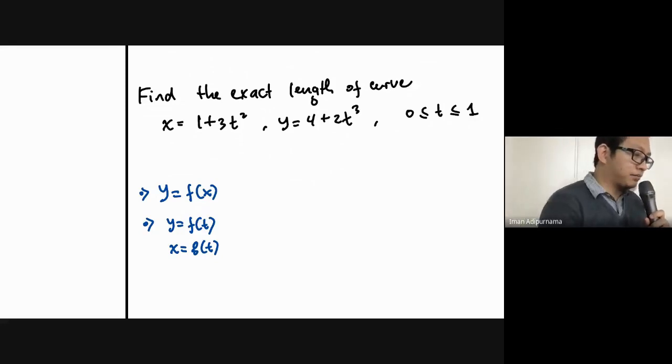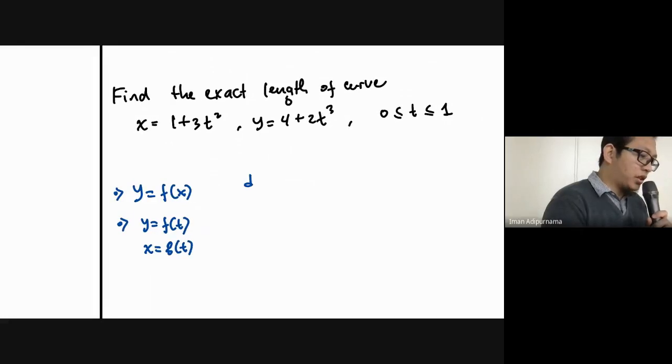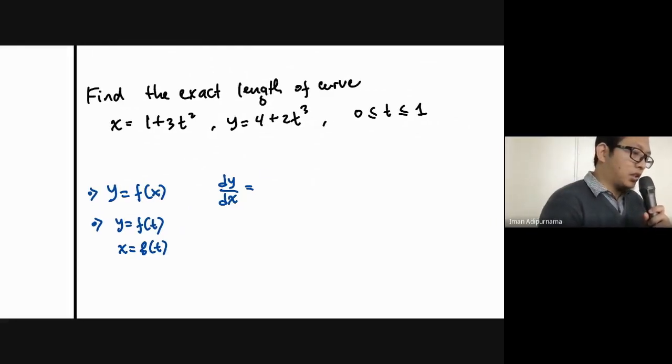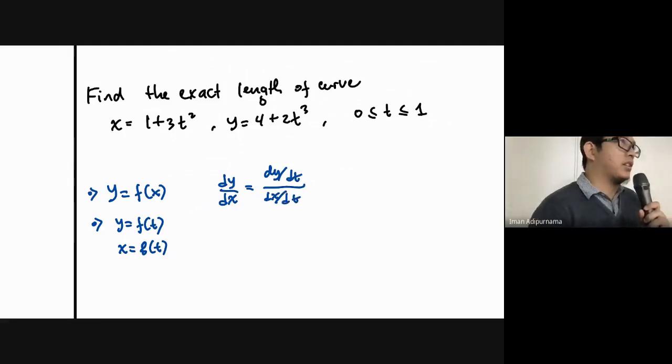Now, if we are dealing with that and use the chain rule to connect all of this, what we do is simply derive both x and y with respect to t and divide them, and we find dy over dx.